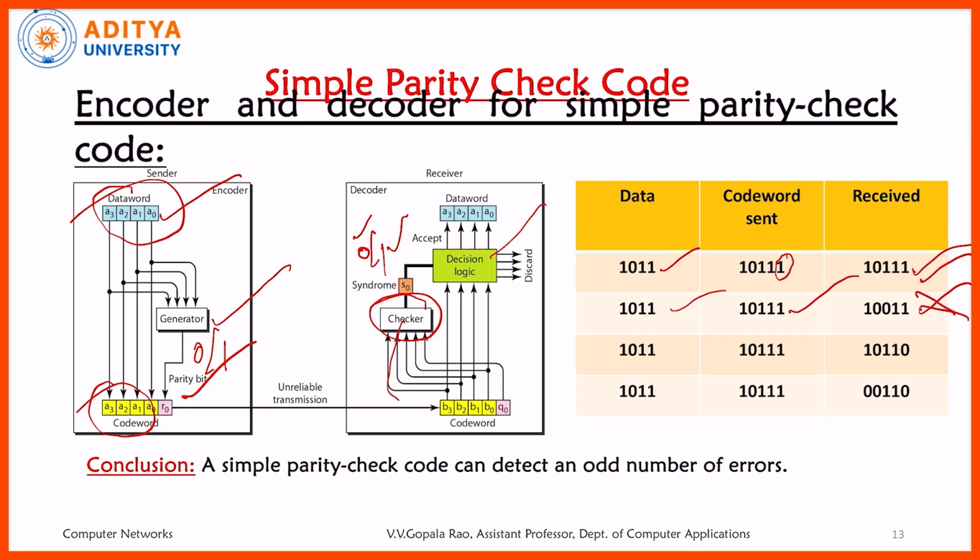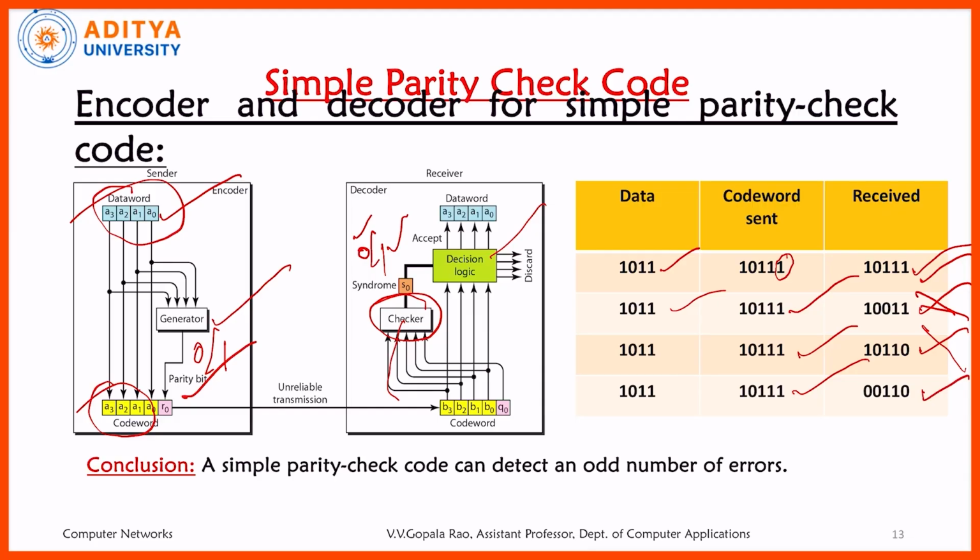Suppose you take the third case. The code word is 10111, but it is received as 10110. This also makes the checker at the receiver side generate a syndrome value of 1, so it is to be discarded, because whenever the syndrome value is 1, it should be discarded as far as the decision logic is concerned. Then consider the fourth case. 10111 is actually sent by the sender, but it is received by the receiver as 00110.